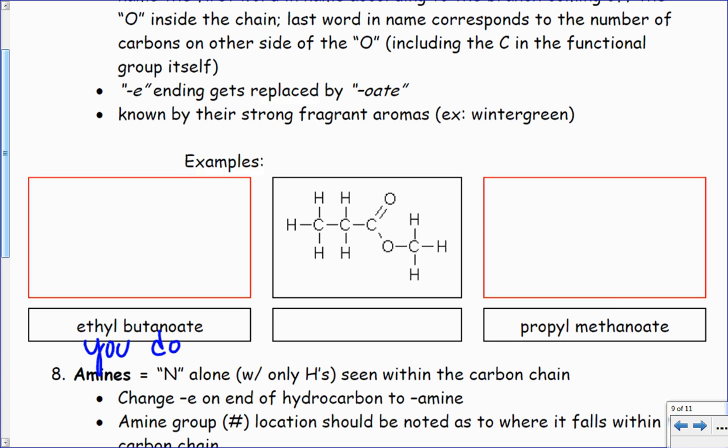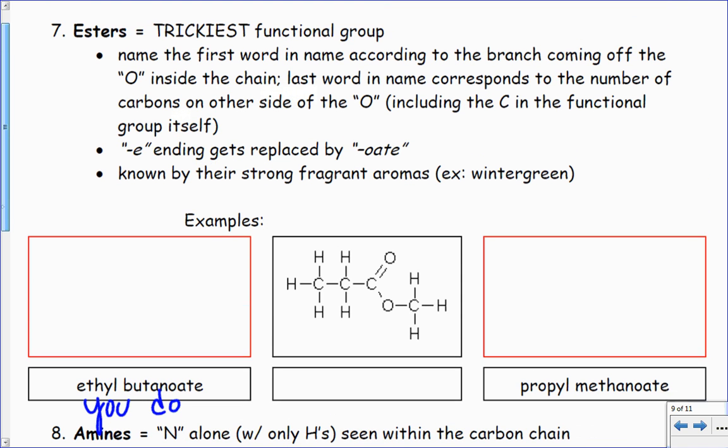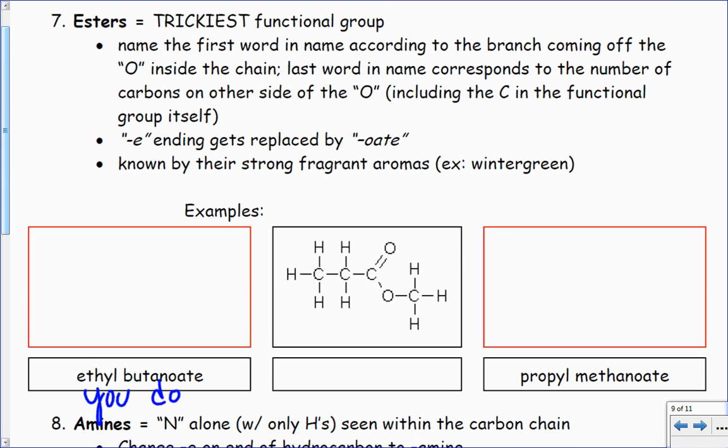I will do the other two. So what we need to get straight is this little piece about this. It says you name the first word in the name according to the branch coming off of the O side. So that's this. Here's the O. This is a methyl. So this is going to be methyl.